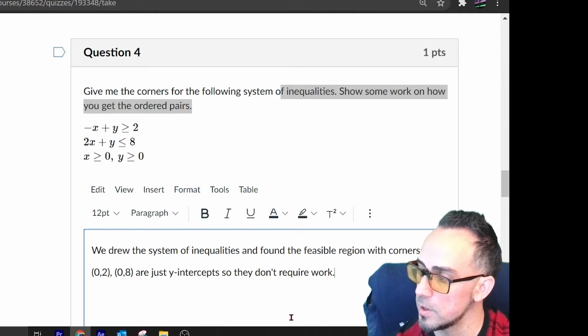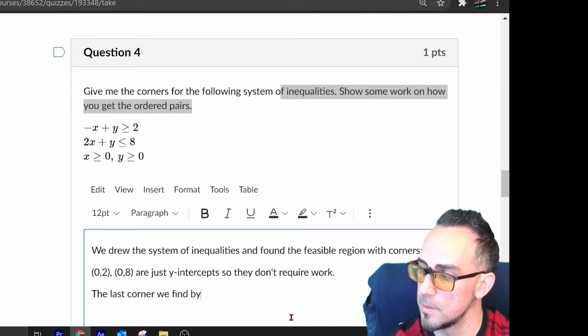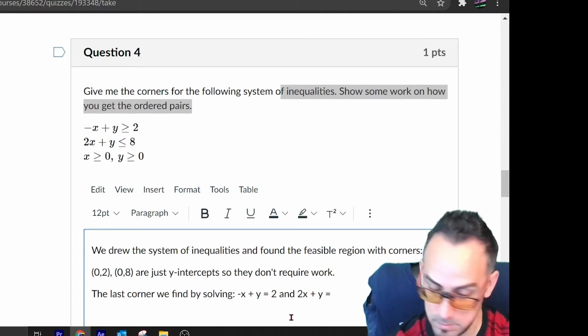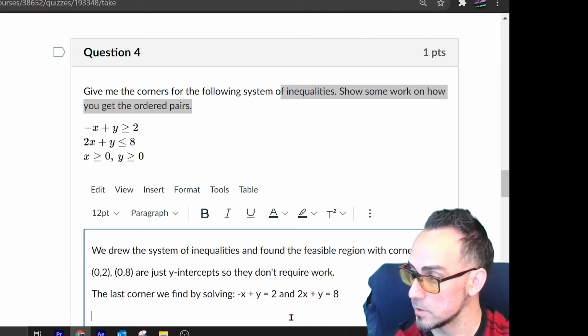But 2, 4, the last corner, we find by solving negative x plus y equals 2 and 2x plus y equals 8. So for that I could do substitution, right?